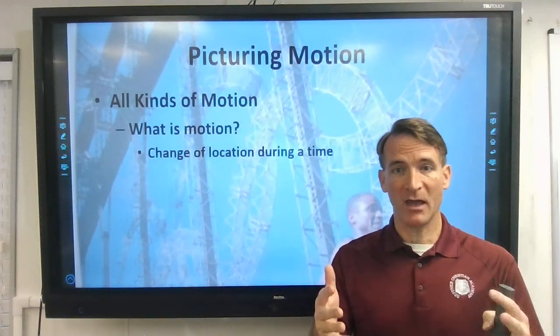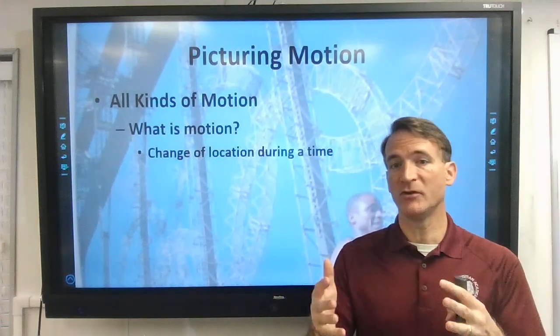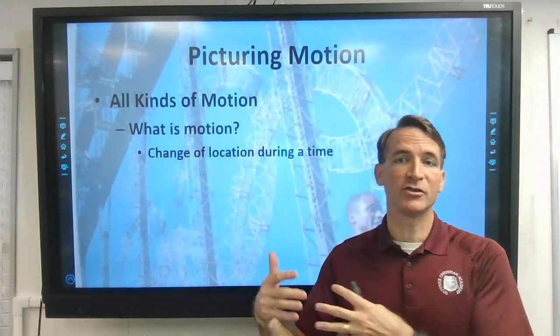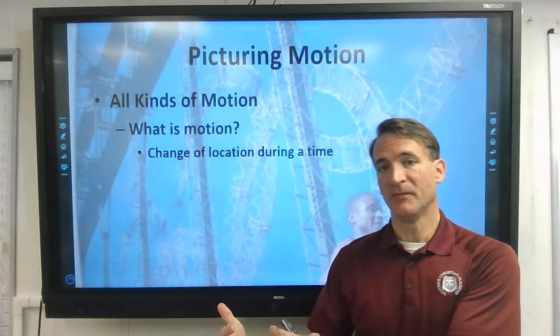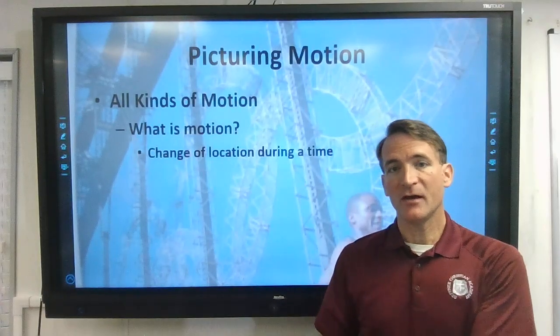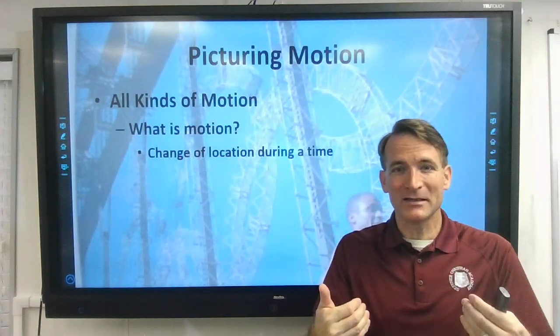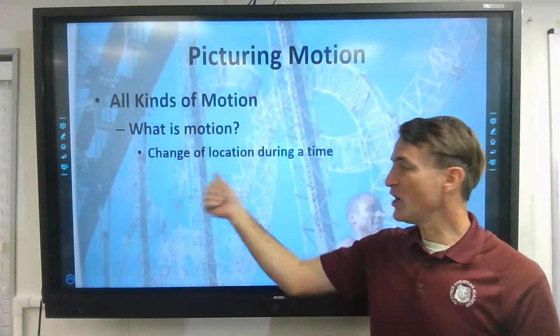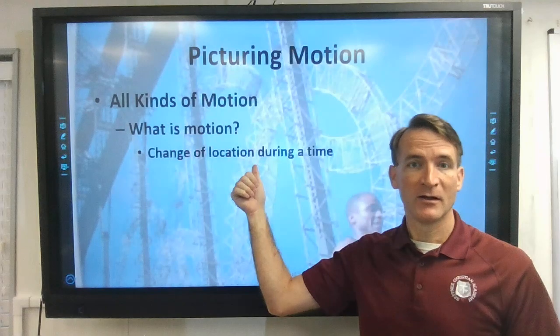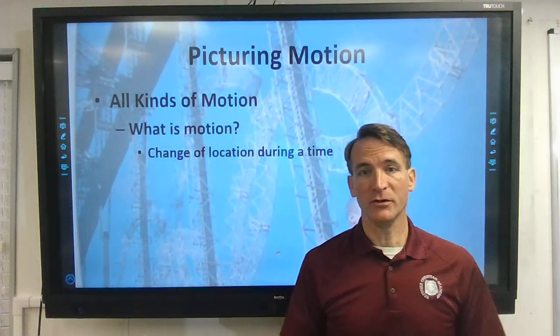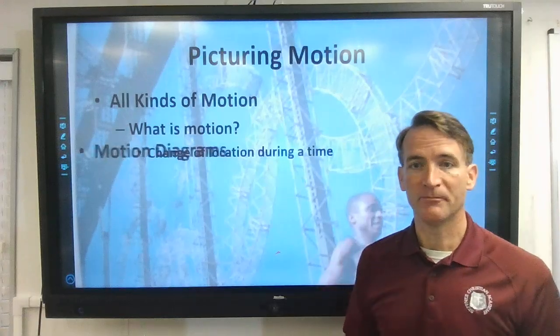My hands may have moved from one scene to the next, but I did not move physically from one location to another. How did you perceive that? Well, you were given a gap of time, roughly a second, but there was no change in my location. Therefore, we would perceive that there is no motion, no movement during that time.